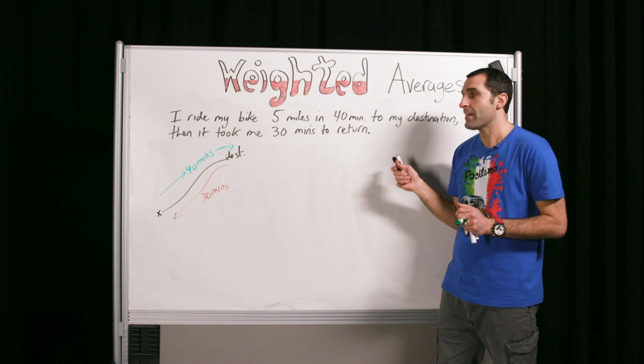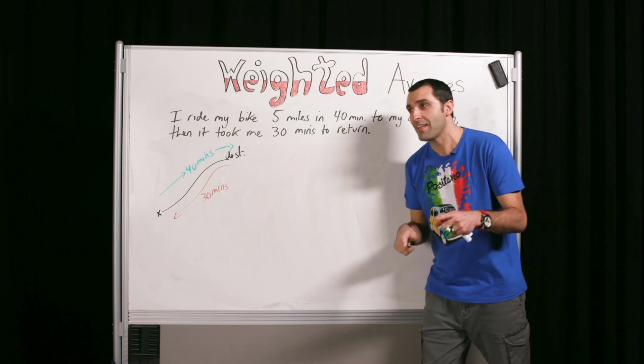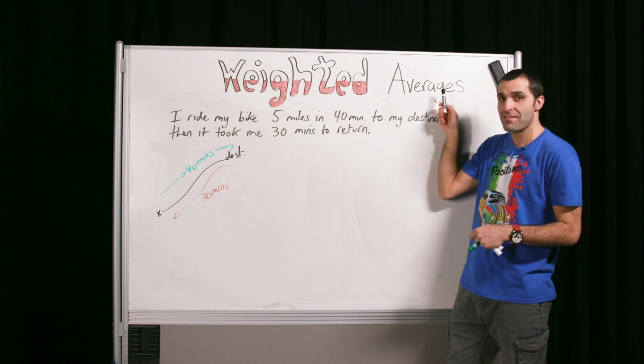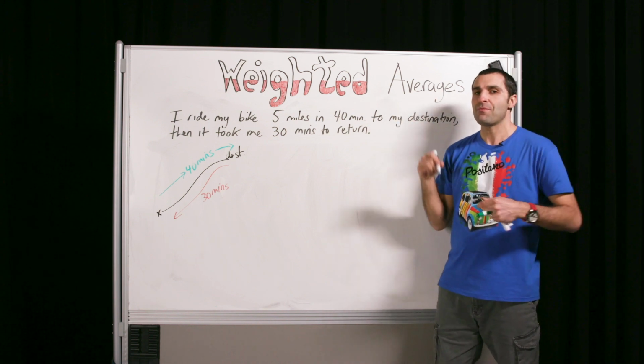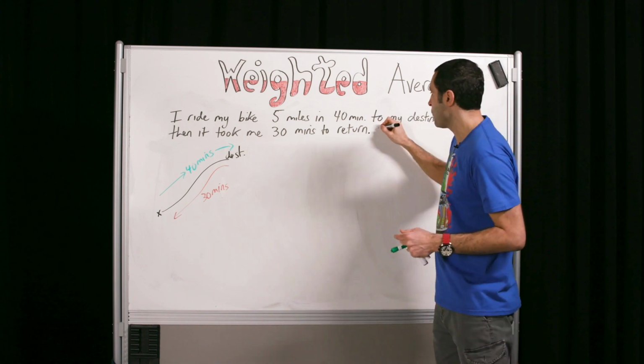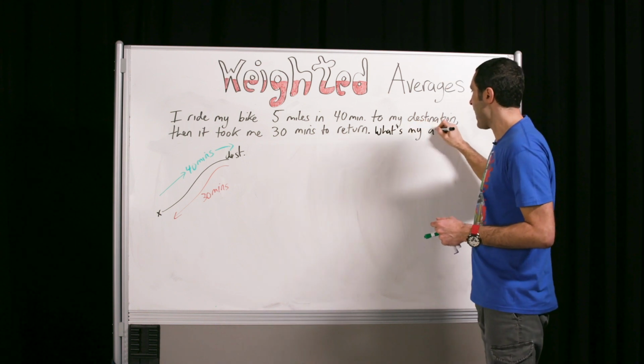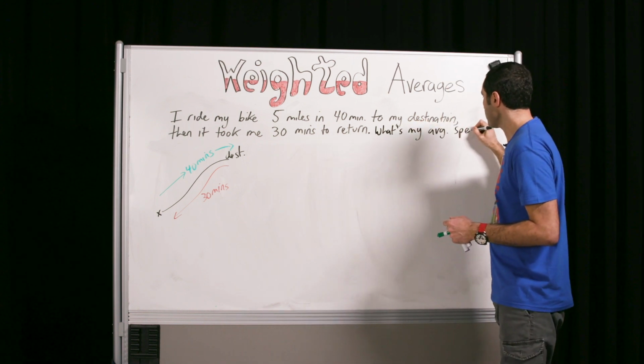So we're going to do that. I don't know my speed there, and I don't know my speed back. More importantly, since this is about averages, is what my average speed was. And this is where it gets really challenging, what's my average speed?